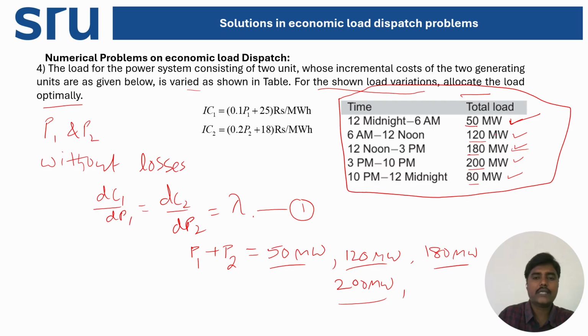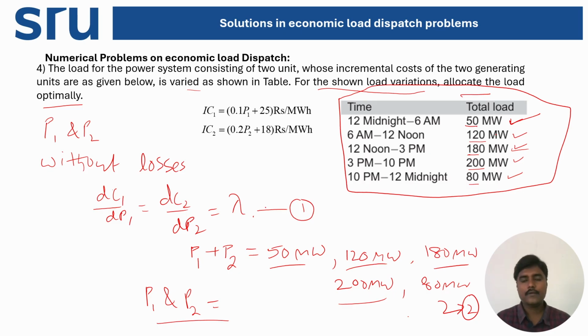And in the next case, instead of 200, you have to take 80 megawatt. So now this particular equation will become equation 2. So we have equation 1 and equation 2. In every case, if you solve these two equations, every time we are able to get the P1 and P2 values. So this particular problem is very, very simple once you understand the given problem statement.